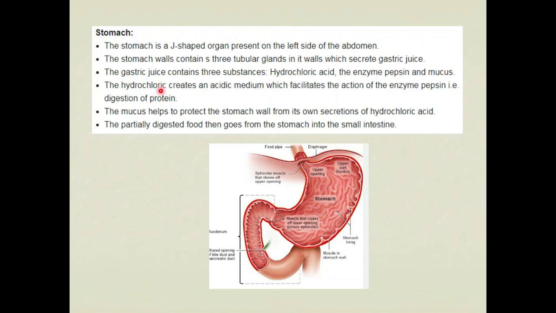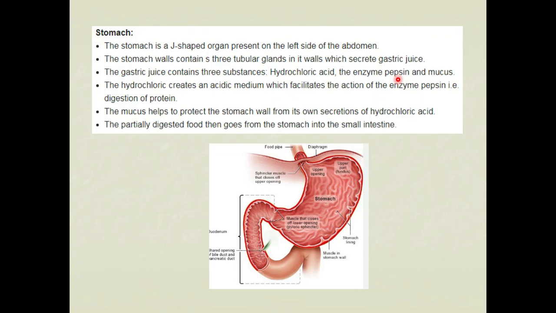So you know that there will be a lot of hydrochloric acid present inside the stomach in order to kill the germs as well as digest the proteins, right? And to take the further digestion process. Now this hydrochloric acid creates an acidic medium which facilitates the action of the enzyme pepsin. So we have the enzyme pepsin in our stomach.